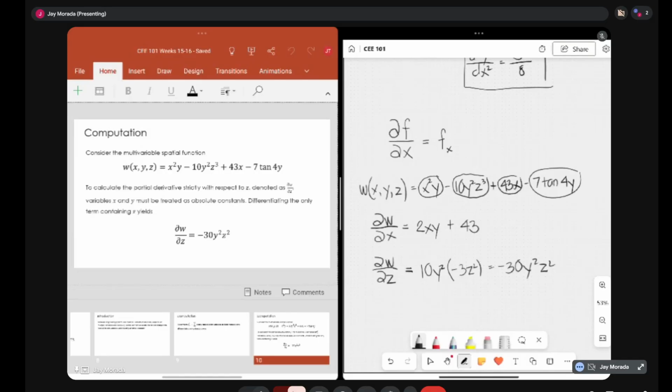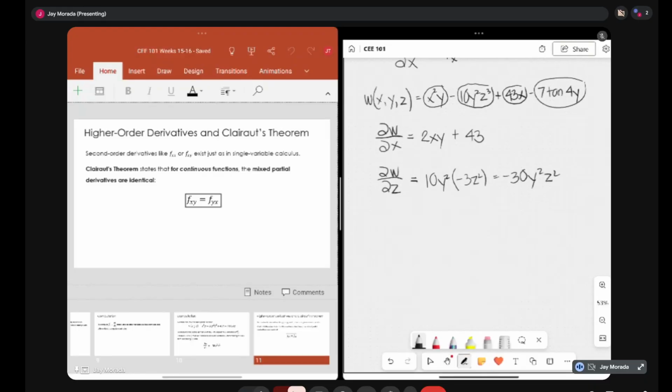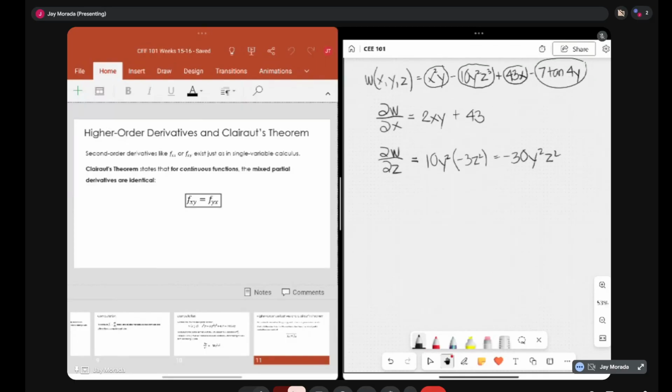Let's proceed. What about higher order partial derivatives? Okay, so actually, the order matters, especially in general cases. So we have notation f sub xx. Now, what does that mean? It means that you're taking the second partial derivative of f with respect to x and then with respect to x again.